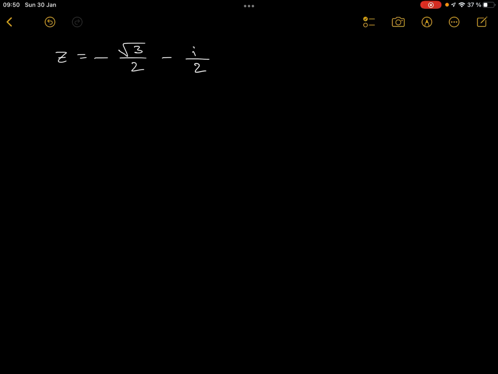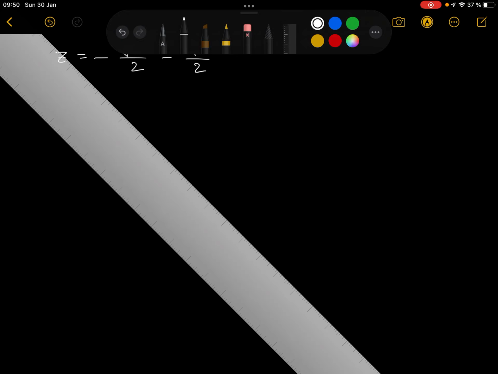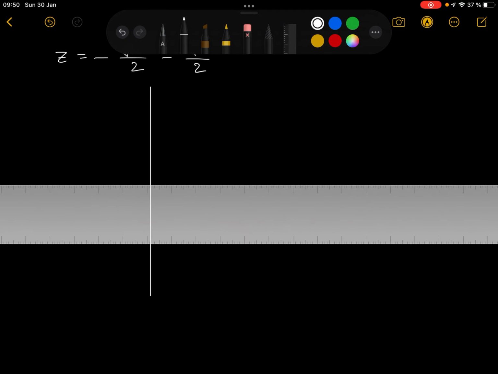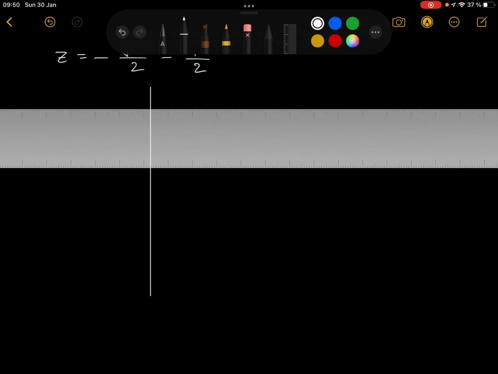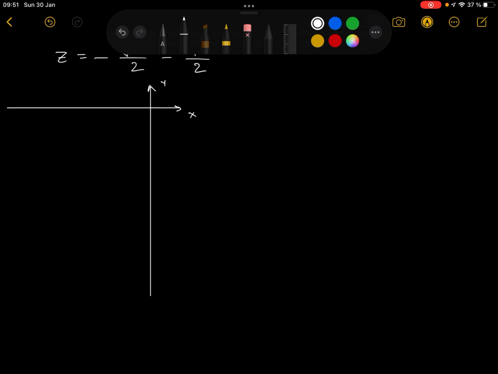So let's just go ahead and sketch our xy coordinate system. Okay, this is our y-axis, this is our x-axis.